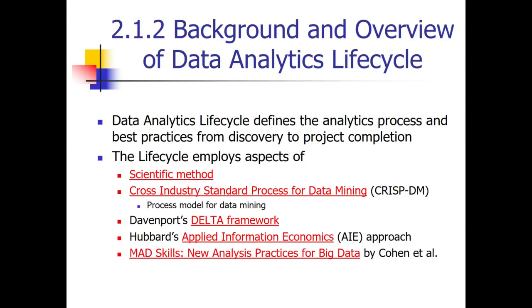So these are the different kinds of data analytics life cycle. We have different aspects: one is the scientific method, the general method, and the Delta framework, and these are all different kinds of models and networks we can use in this data analytics life cycle. This is the background analysis done by big data analytics.